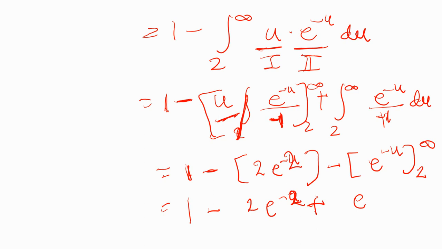Is there still any doubt? You can say if you have any doubt, but all I'm telling you is that when you do the integration and you put the limit, then you don't have the variable at the end.